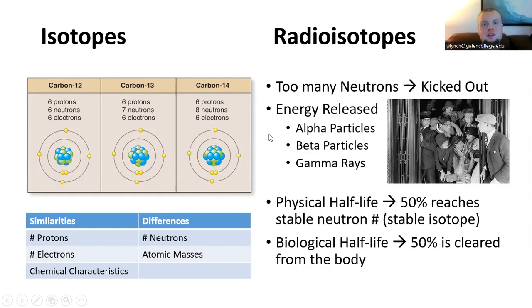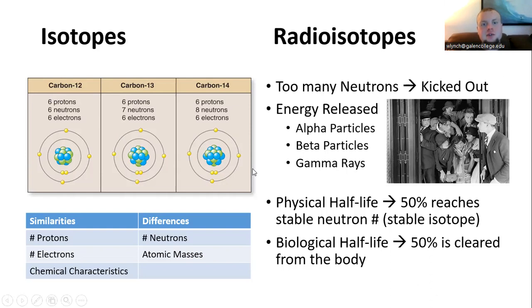That radiation is going to be based off of a time constraint, and that time constraint is called a half-life. A physical half-life of an isotope is going to be the amount of time it takes to degrade 50% of that atom to a stable neutron number. So let's say we have 10 carbon 13 atoms.